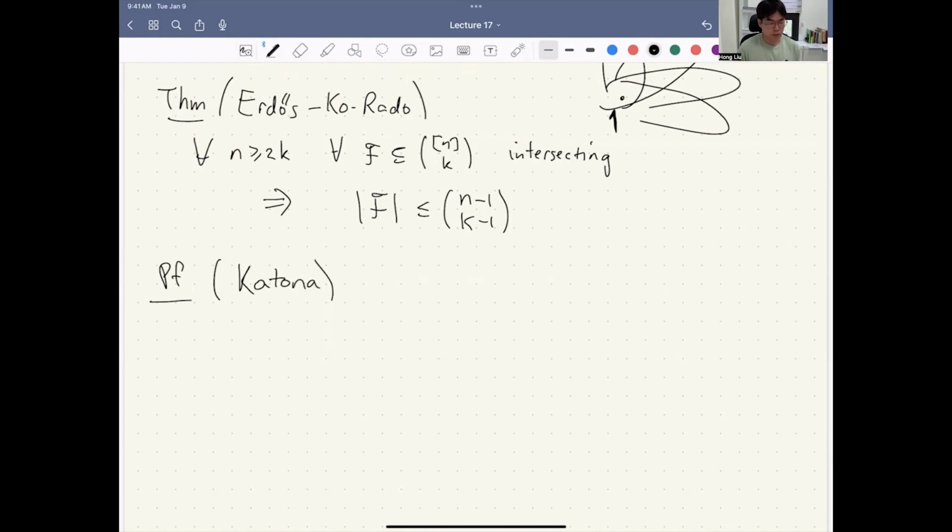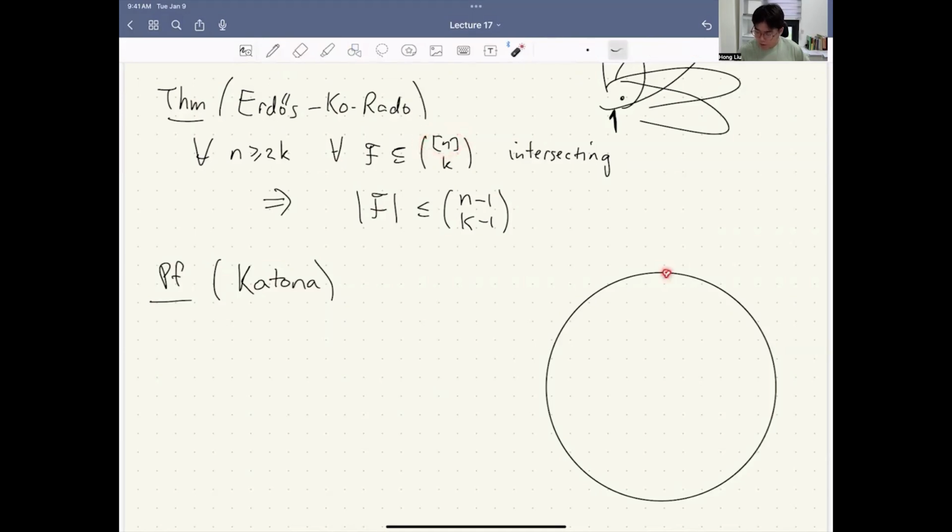A double counting. So his smart idea is that we're going to imagine elements of the ground set get placed on a circle.